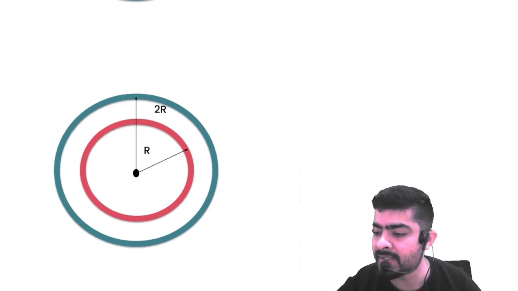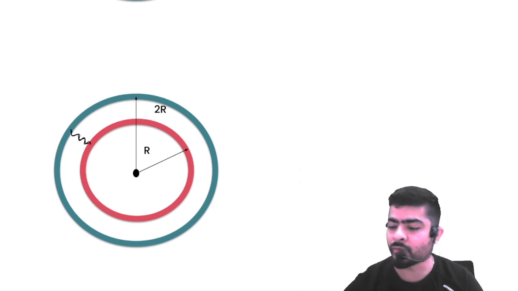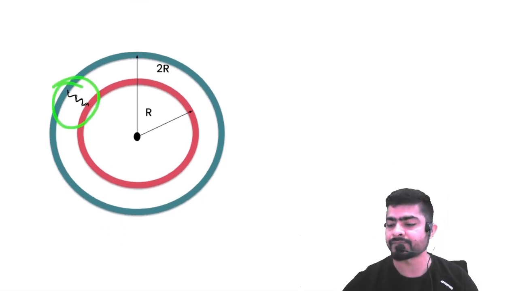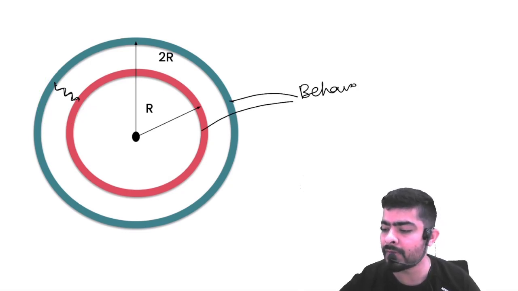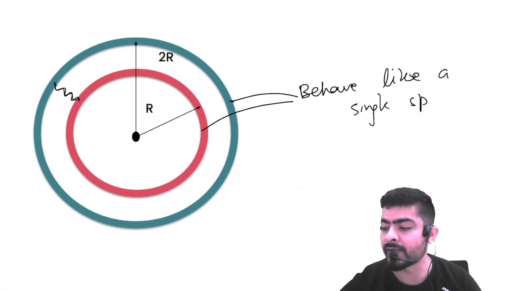After connecting, they behave like a single sphere. So when you connect them, I have connected the two spheres over here. Alright. So now they behave like a single sphere.